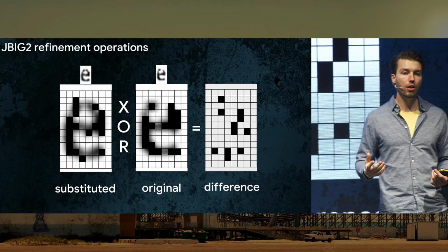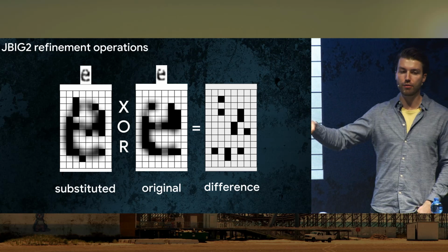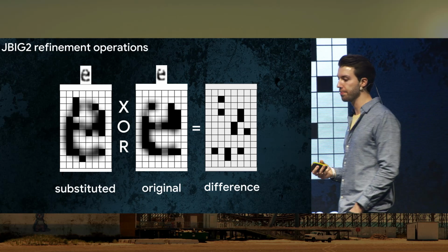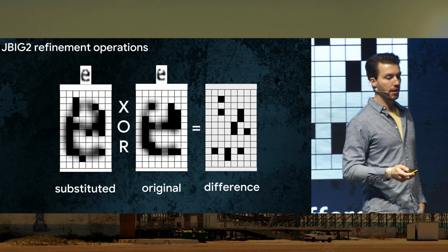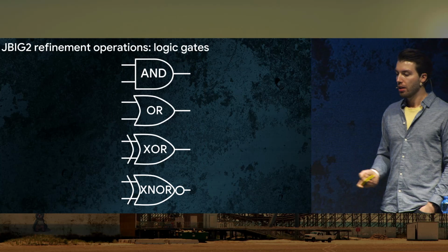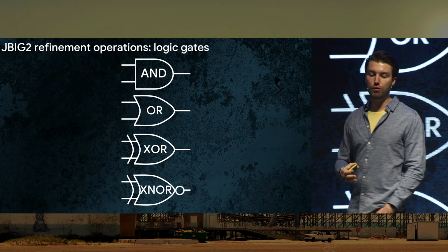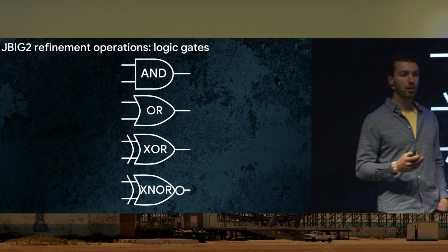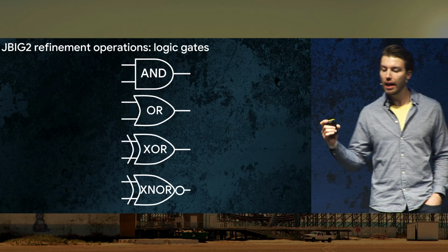Then when you decode or decompress the stream, you apply the difference again to the substituted one. In this case, this just needs an XOR operation. XOR is not the only one. JBIG2 supports these 4 fundamental logic operations: AND, OR, XOR, XNOR.